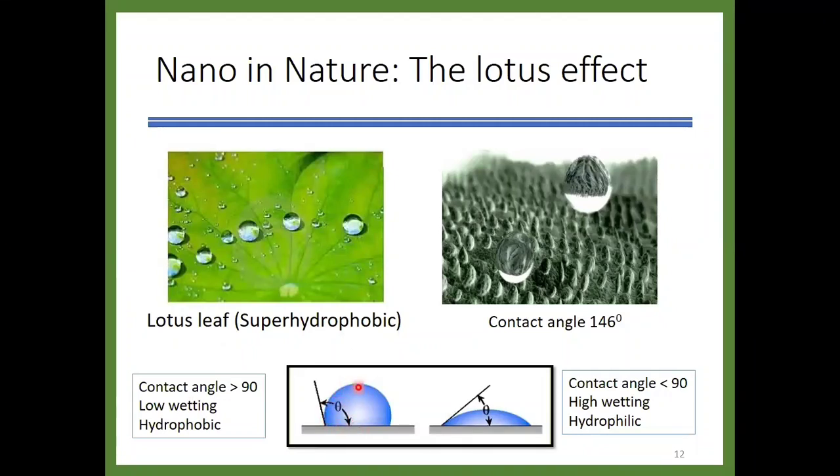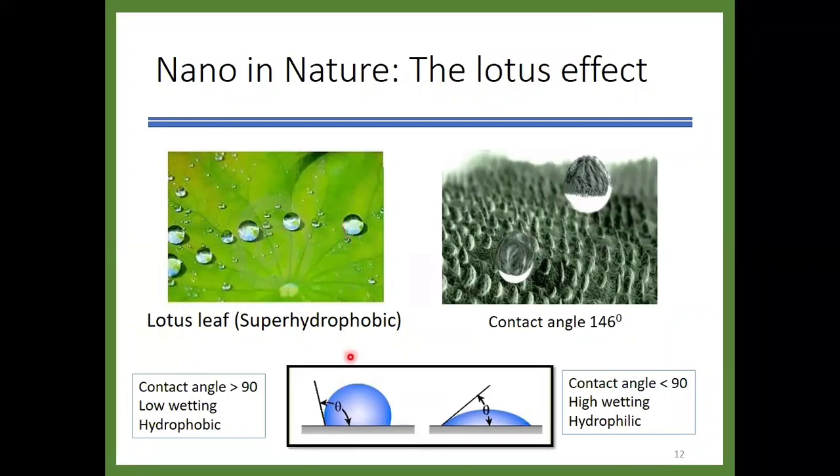That means the droplet tries to stay as it is without wetting the surface. But if the contact angle is less than 90, it can wet the surface. So we use two names: hydrophobic for the non-wetting cases, and for high wetting cases, we call them hydrophilic, right? So now coming back to the lotus leaf, why does it not wet?